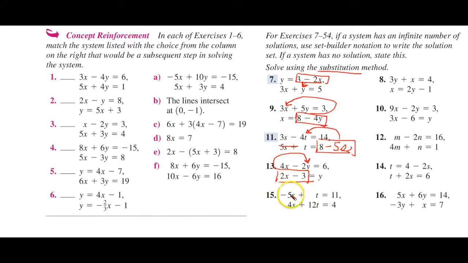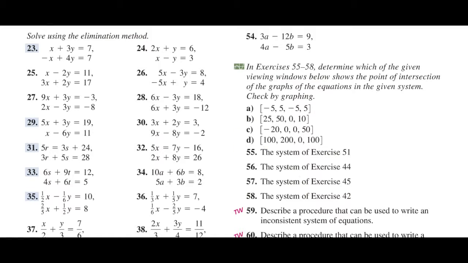Here we're going to bring the negative 5s over to the other side as positive 5s, and t equals that, so we put this where the t is, and again in parentheses. Okay, let's go on and just look at strategy. Now for these next few, they want us to use the elimination method.